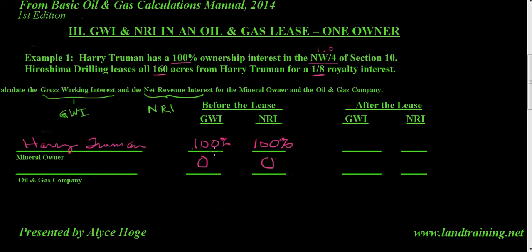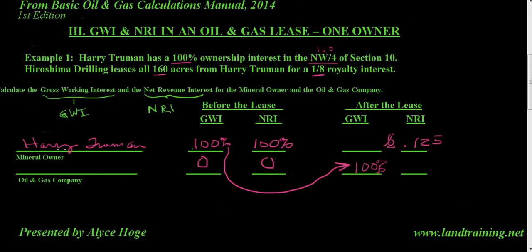So the oil and gas lease gives them what they're saying to the mineral owner, which is you give us your gross working interest here and we'll give you a 1/8 royalty. Say 1/8 or 0.125. So the oil and gas company owns 100% of the gross working interest.